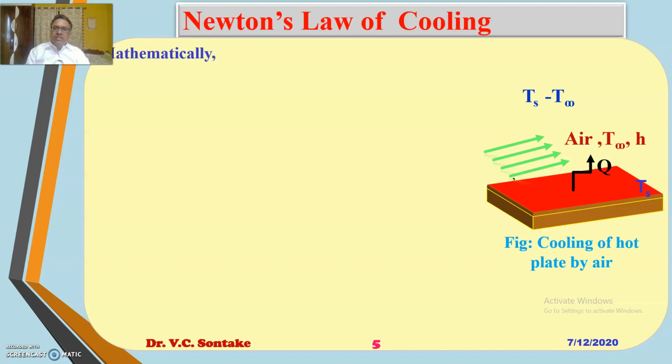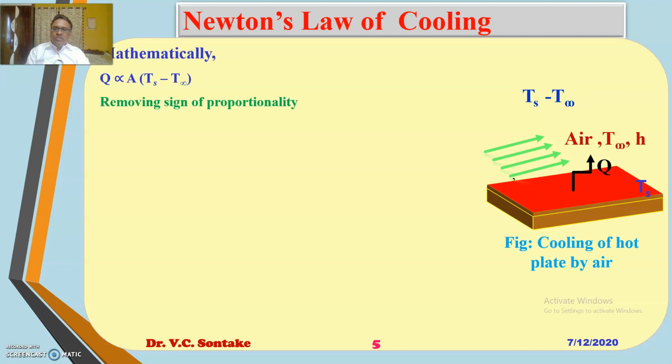So mathematically, from Newton's law of cooling, this rate of heat transfer by convection is directly proportional to A and Ts minus T infinity, where A is the surface area of this plate and Ts minus T infinity is the temperature difference between the surface and the air.